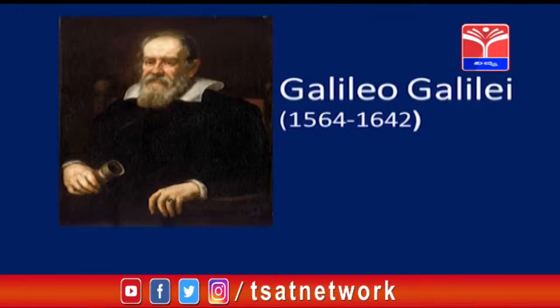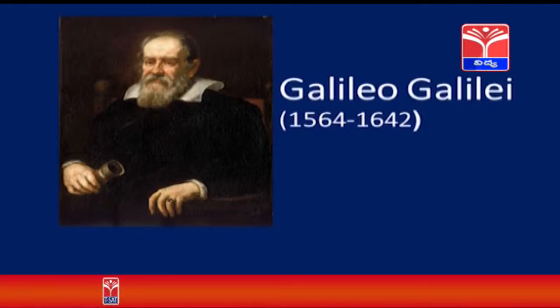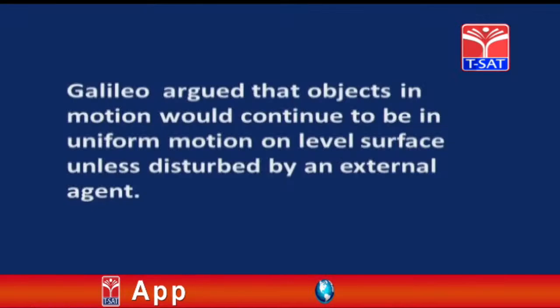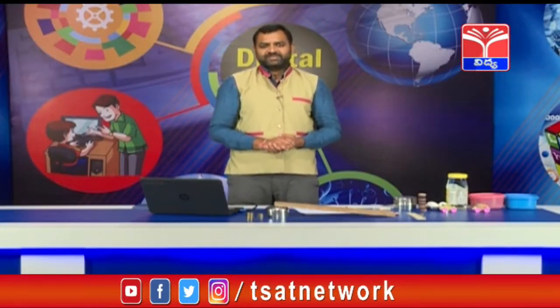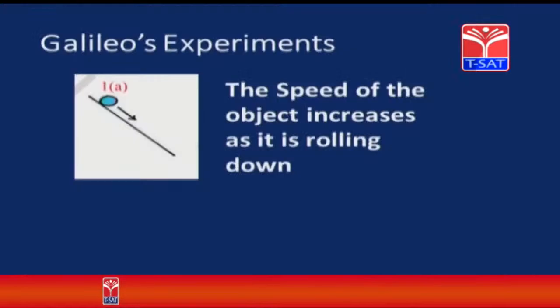It was Galileo Galilei who gave a different perception. Galileo argued that objects in motion would continue to be in uniform motion on a level surface unless disturbed by an external agent. Galileo had two experiments in his mind. First, he observed the motion of an object down the inclined plane.